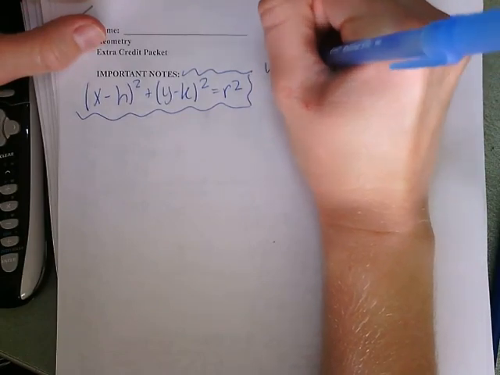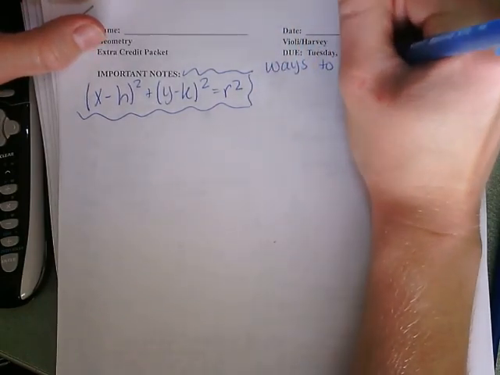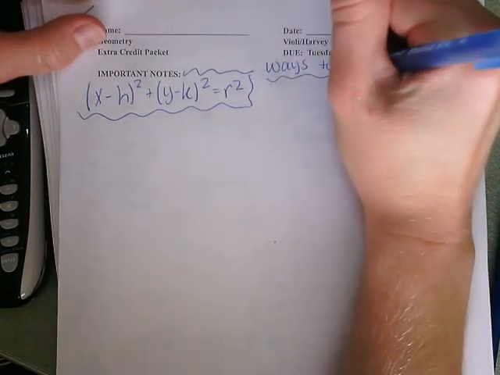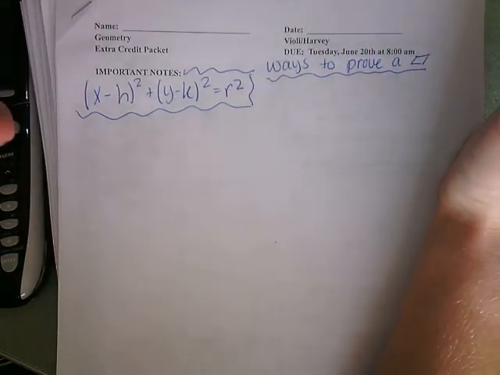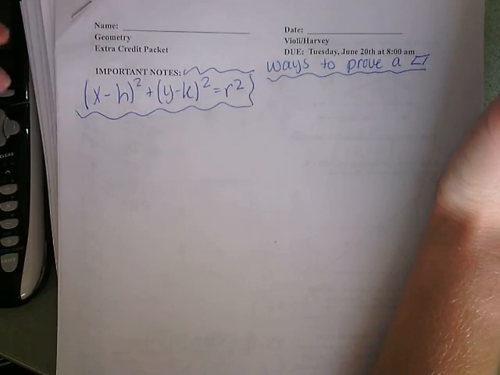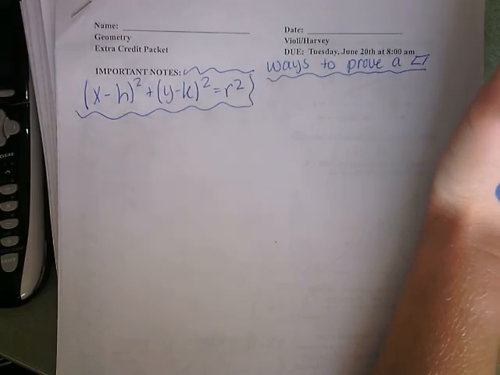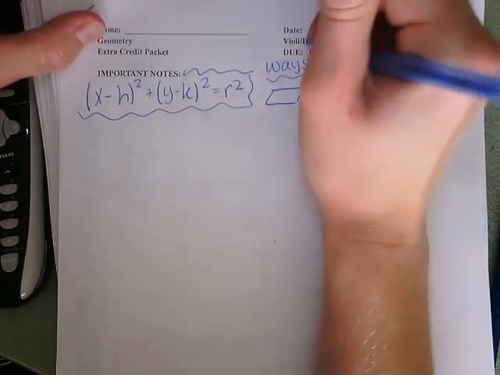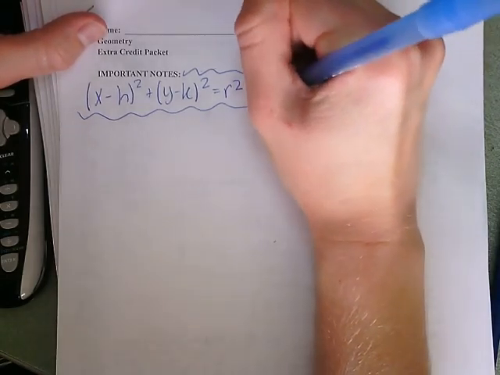Another thing that I want you to write down is ways to prove a parallelogram. Okay. I've mentioned this in class today, which is Monday, and in class on Friday. I'm going to mention it again. You need to know this. It's going to help you during your coordinate proofs.